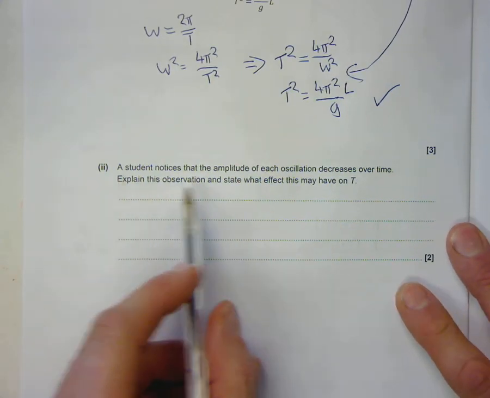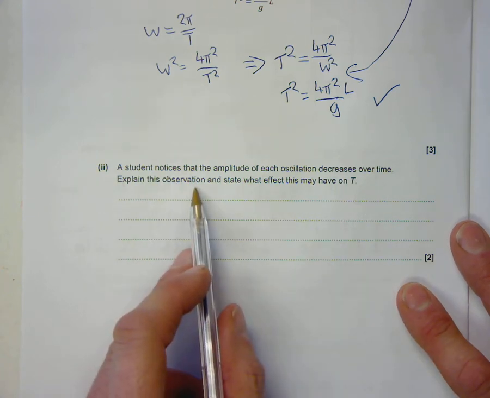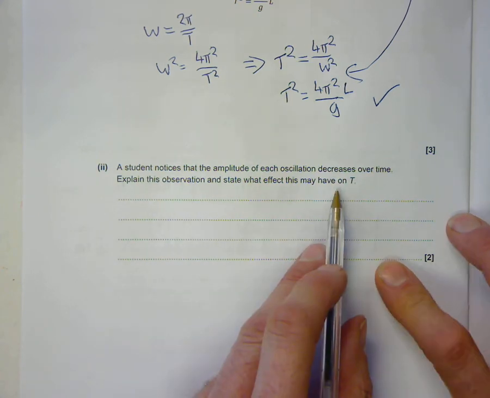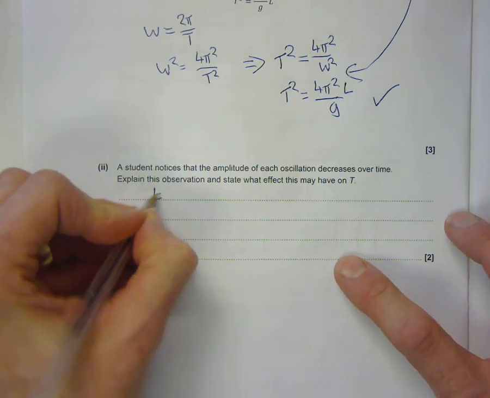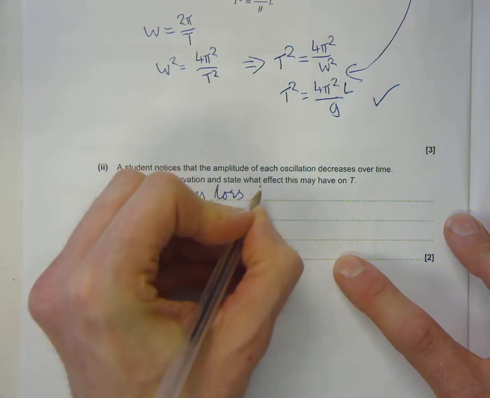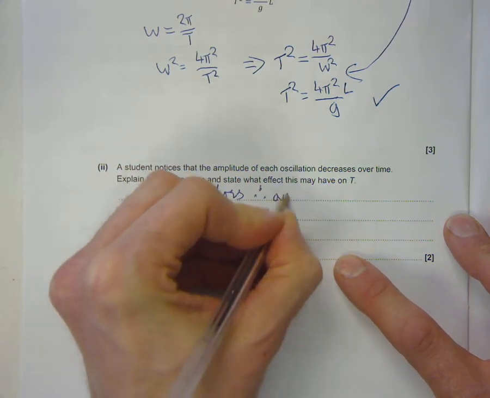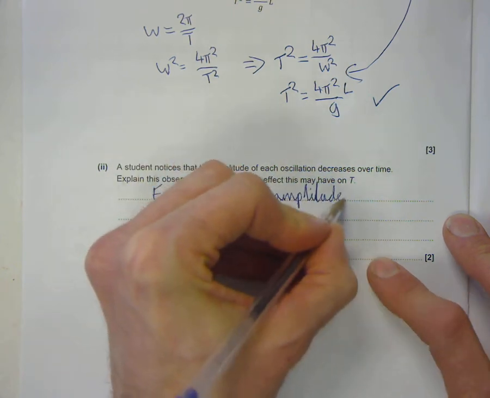The student notices that the amplitude decreases over time. Explain this observation. Will it have an effect on t? Well, there is an energy loss, therefore the amplitude reduces, goes down.